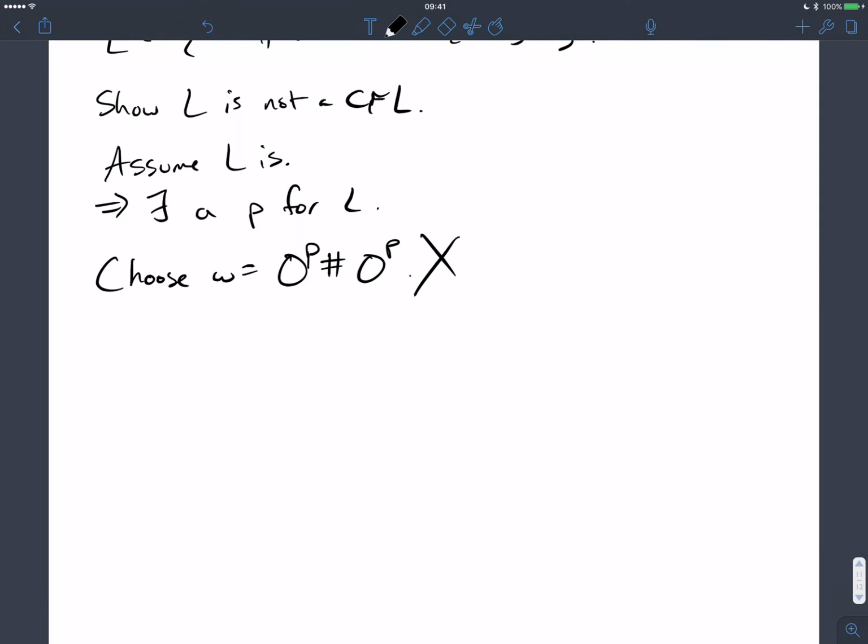And the reason why is because that was clause 3, for all. It says that there exists a decomposition such that no matter how many times you put V and Y into the string, you stay in the language every time.